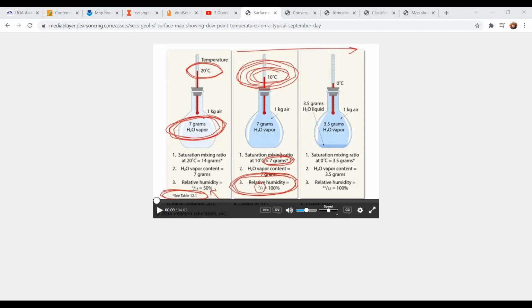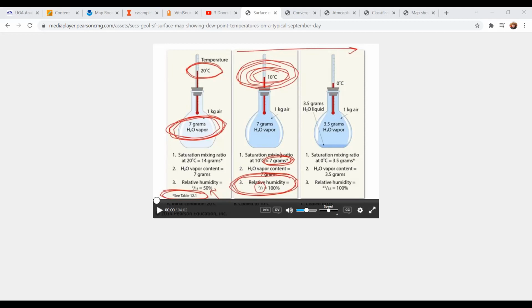The temperature is 25 degrees Celsius. We've got 5 grams of water vapor in 1 kilogram dry air. So the relative humidity is 25%. Because there's 5 grams, it takes 20 to reach saturation. So we're at 25%.